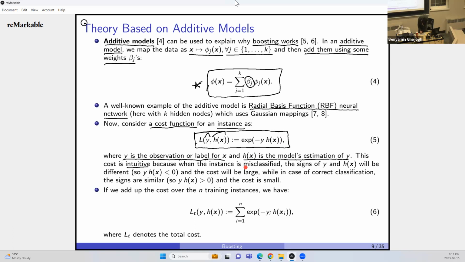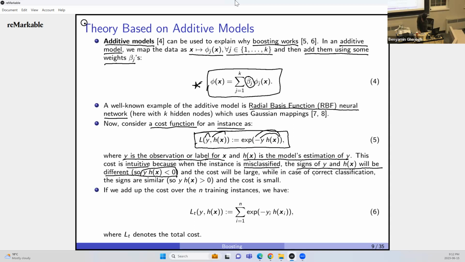Because when the instance is misclassified, what happens? The signs of y and h(x) will be different. For example, one of them is +1, one of them is -1, right? Therefore, y h(x) becomes less than 0. When this is less than 0, minus y h(x) is greater than 0. e to the positive number is a large number.